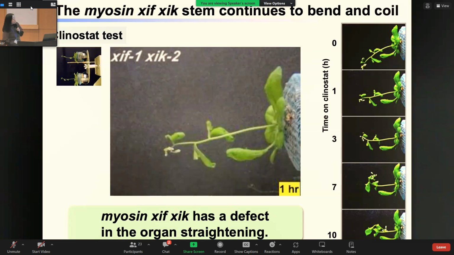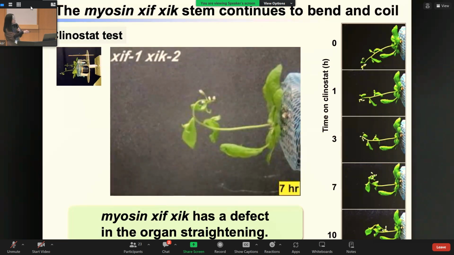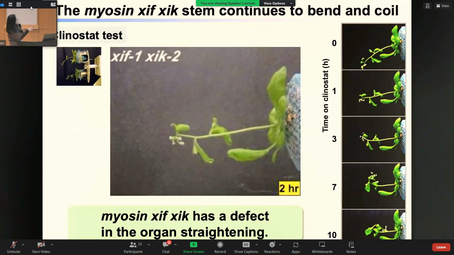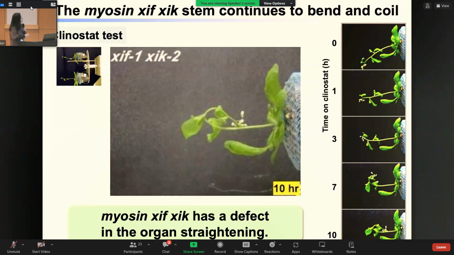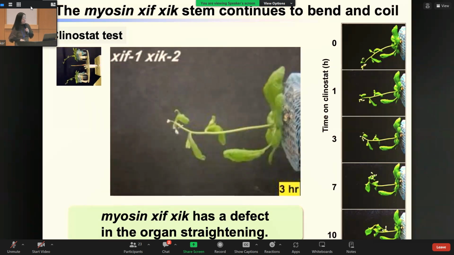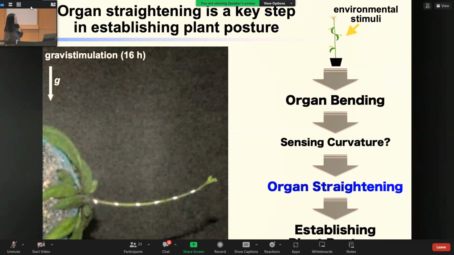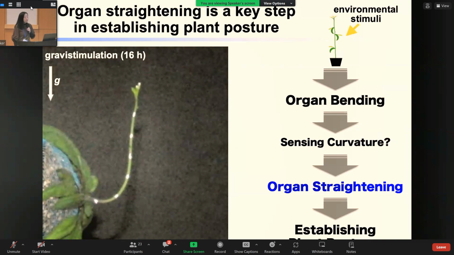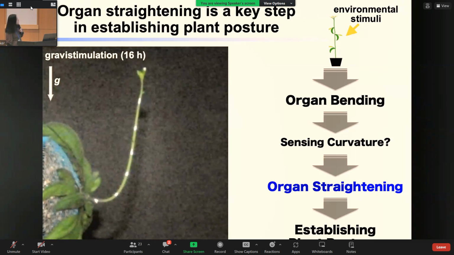In the case of the myosin mutant, the stem continues to bend and coil during clino-rotation. This behavior indicates that the myosin 11F11K mutant has a defect in organ straightening to restore their posture. Based on this result, we would like to propose a scenario on how plants establish their posture.